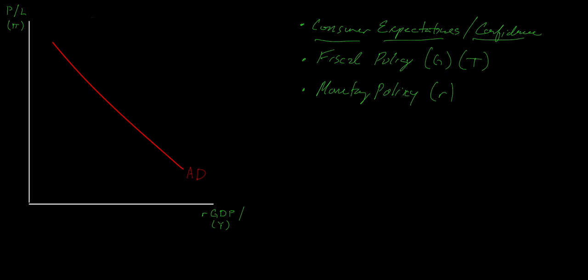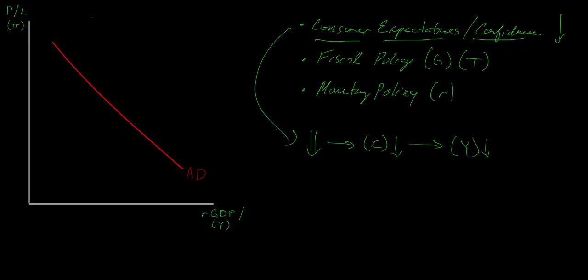If consumer confidence declines, that is going to lead to a little bit more austerity, to where households are going to spend less on the aggregate. So spending goes down, which will reduce output, obviously.